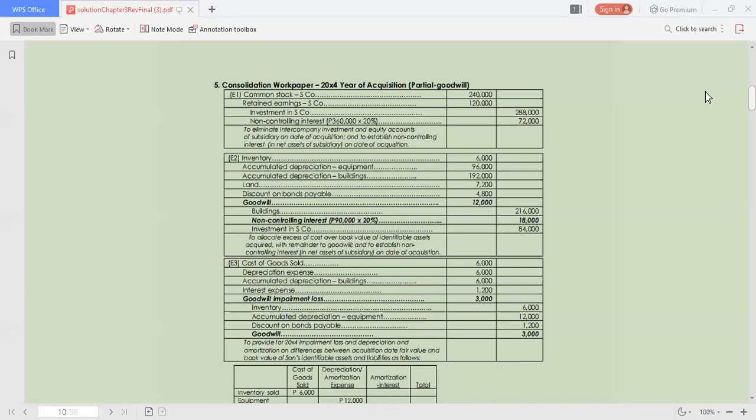So we now credit non-controlling interest by 18,000, and credit investment in S company for 84,000. Now we have the credit to investment in the amount of 84,000. Initially, you have a credit in E1 of 288,000.